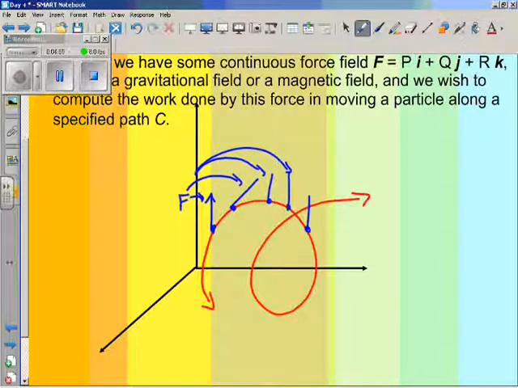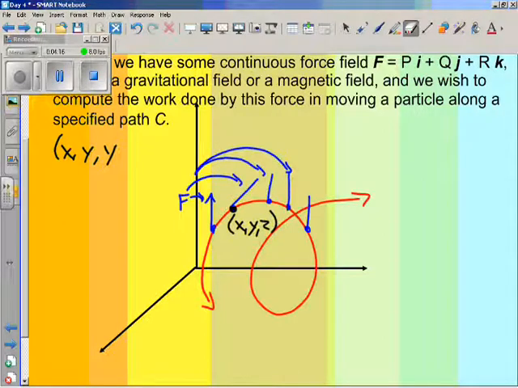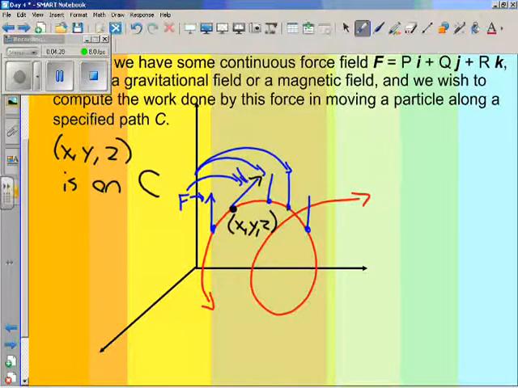In other words, we pick some point here on our curve, x, y, and z. So x, y, and z lies on the curve C. And this blue vector right here would be F of x, y, z.